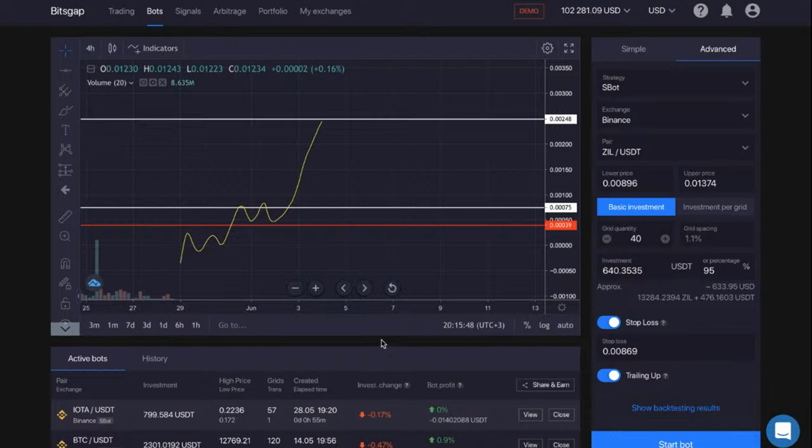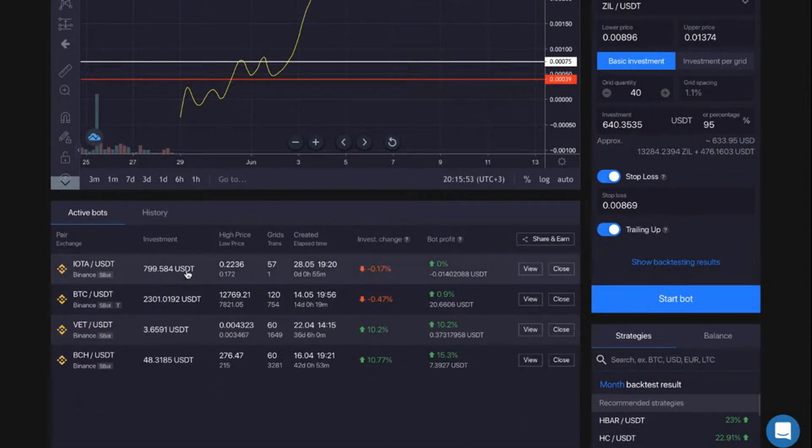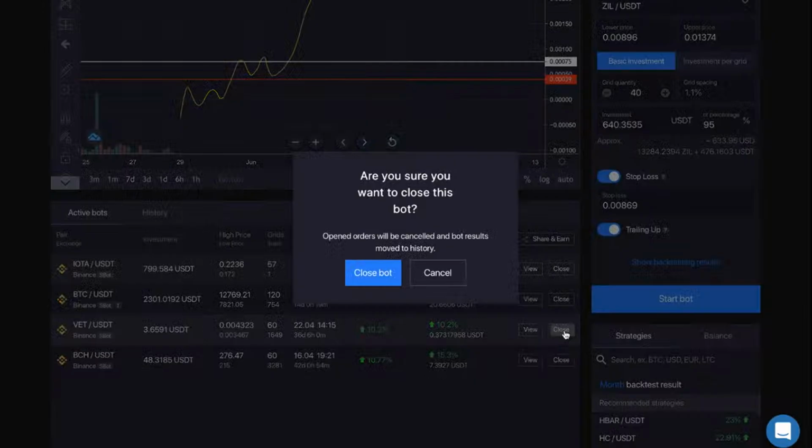So yes, there is a question on how to close the bot. Okay, let's close this one, trading to USDT. If I click on close, it's going to ask me if I'm sure I want to close this bot. Pretty straightforward. Open orders will be cancelled and bot results move to history.